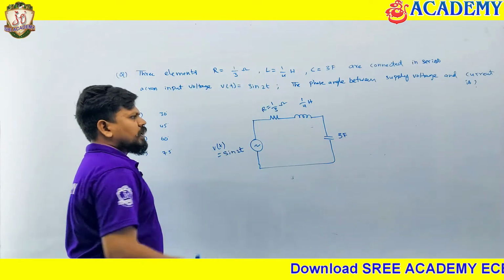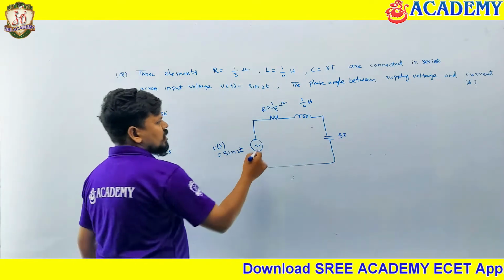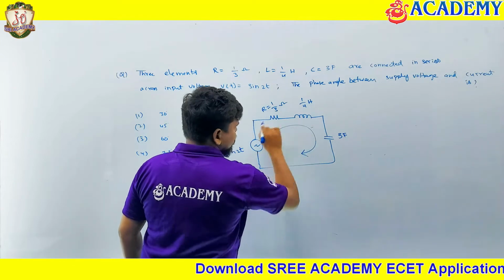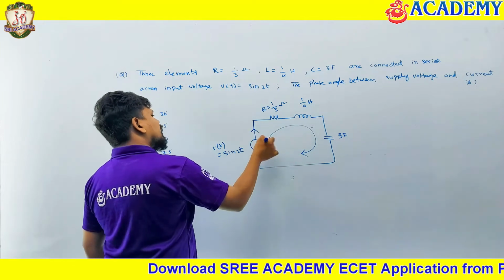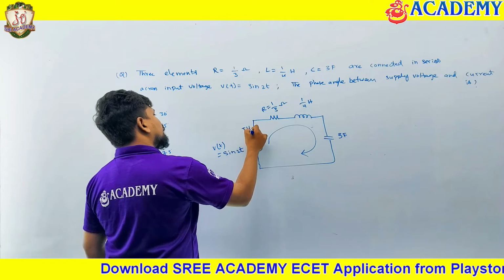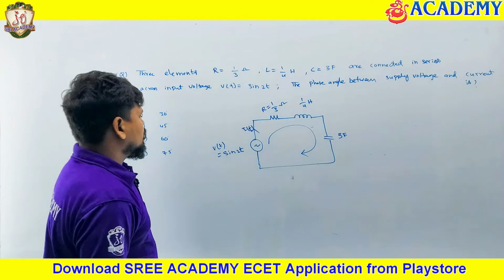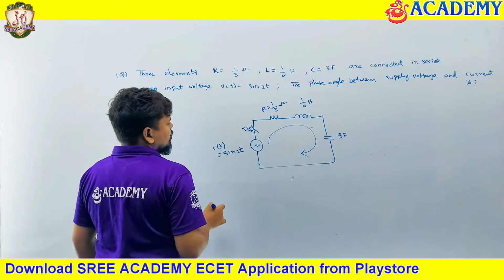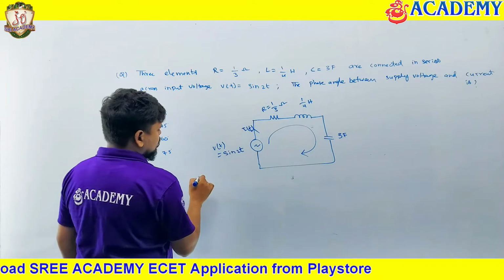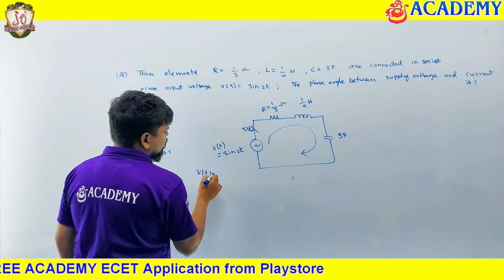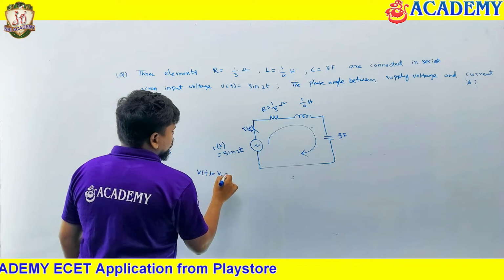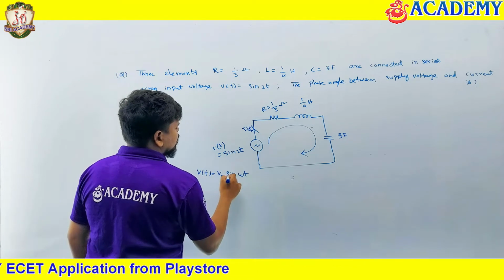So from the source we can get one point. Since all are connected in series, the current will be the same, so I of t will be the same. Now V of t is given as sin 2t. Generally, V of t equals Vm sin omega t; this is the actual representation.